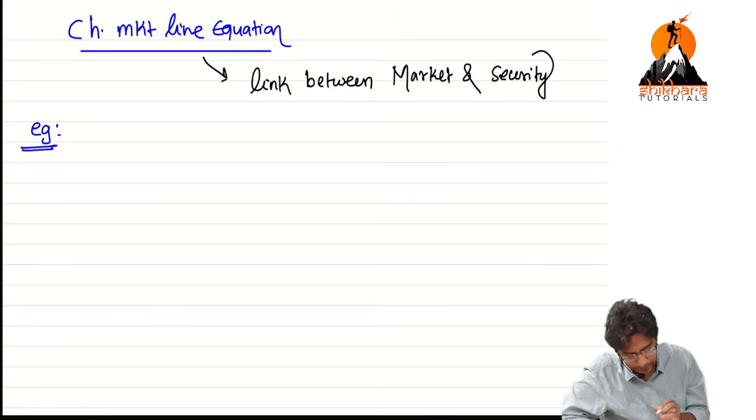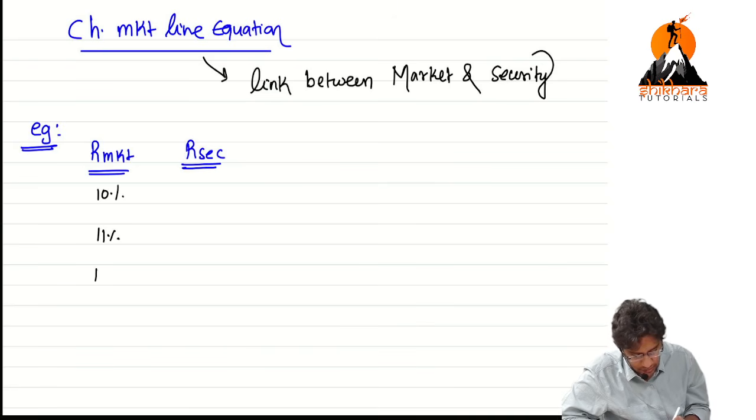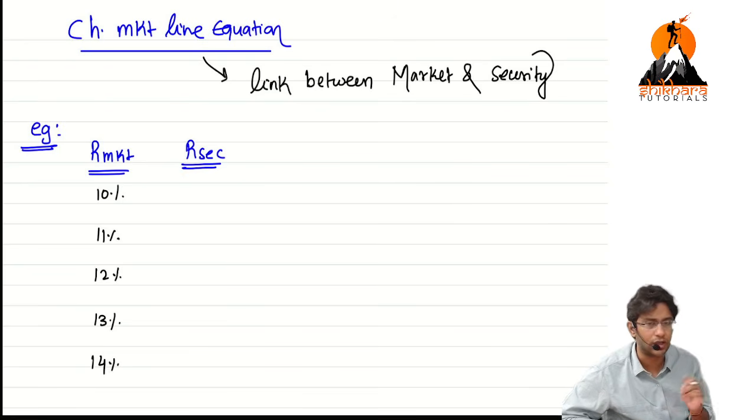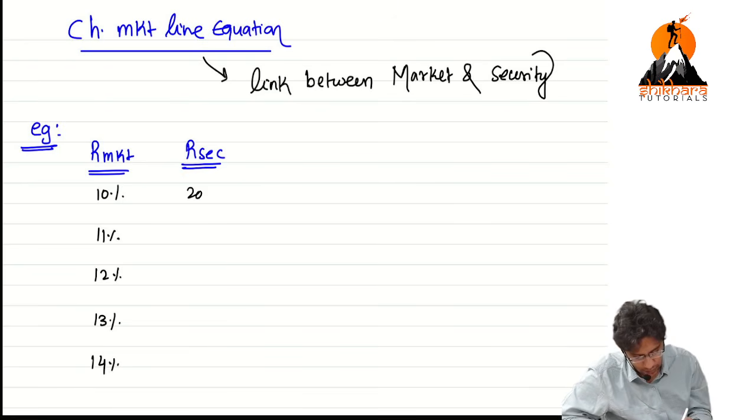I'll give you a simple example, later on we'll start. Example number 1, market return, security return. Let's say market return is 10%, 11%, 12%, 13%, 14% in the last 5 years. Security return in the last 5 years was 20%, 22%, 24%, 26%, 28%.